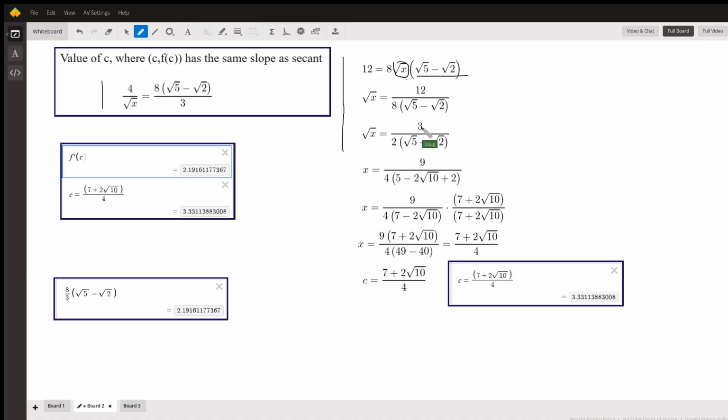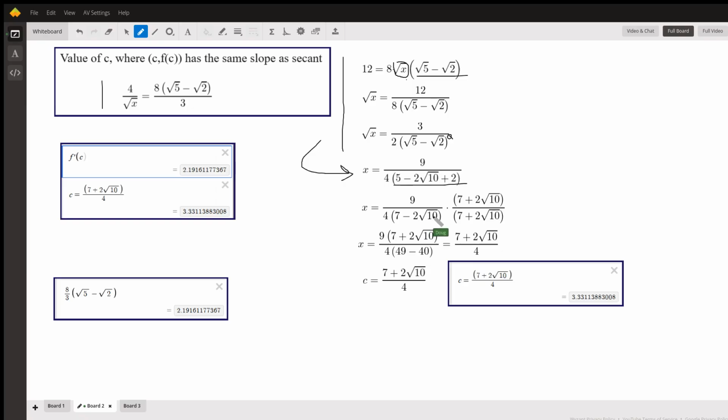I reduce the 12/8 to 3/2, square both sides, which means we could have introduced an extraneous root, but we didn't. So if I square both sides, I get 9/4, and then squaring this binomial, I get 5 minus double the product of the two terms in the binomial, plus the square of the second term. And this binomial simplifies to 7 minus 2 radical 10.